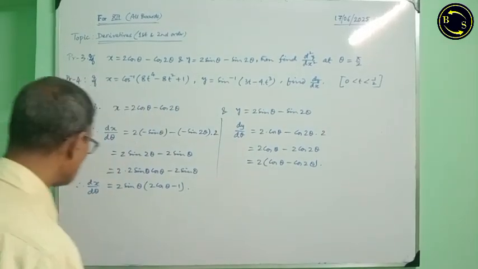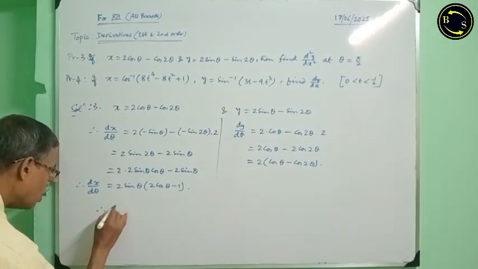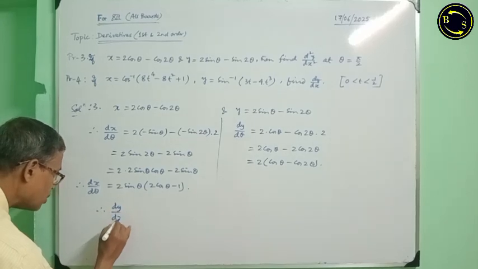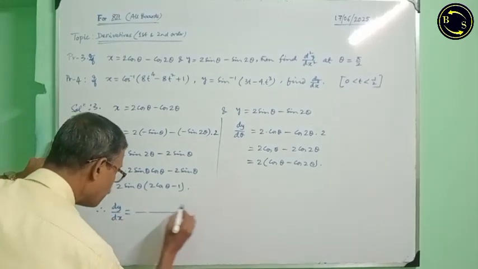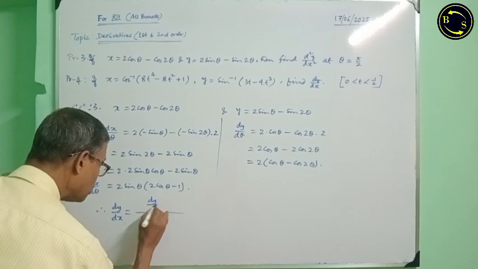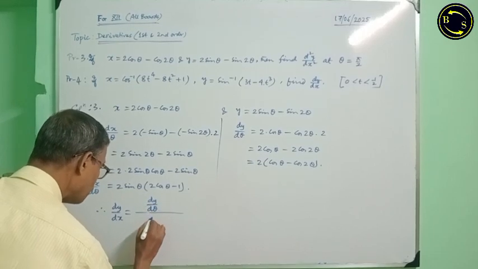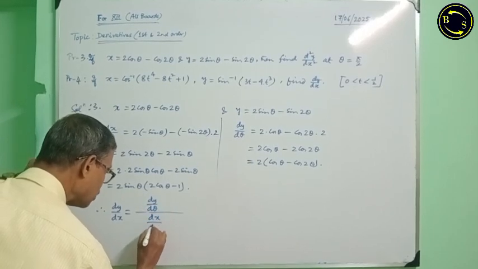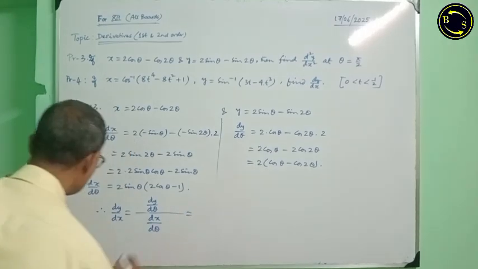Therefore dy dx is equal to dy d theta by dx d theta. We put the values.